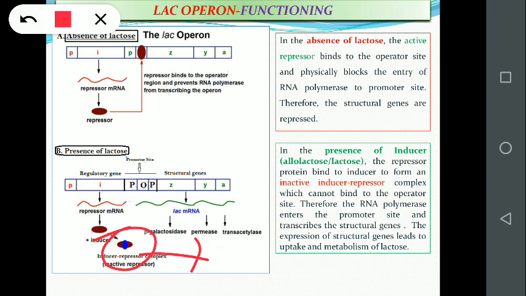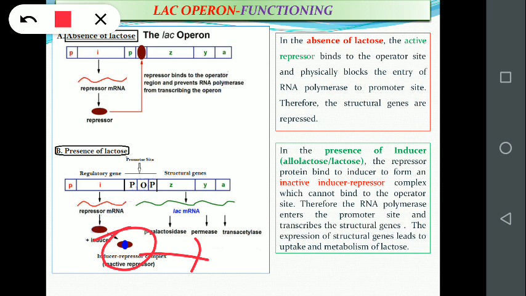Now the polycistronic mRNA enters the translation process and produces three different proteins, because we have three different genes in this polycistronic mRNA. We have the Z region, Y region, and A region.